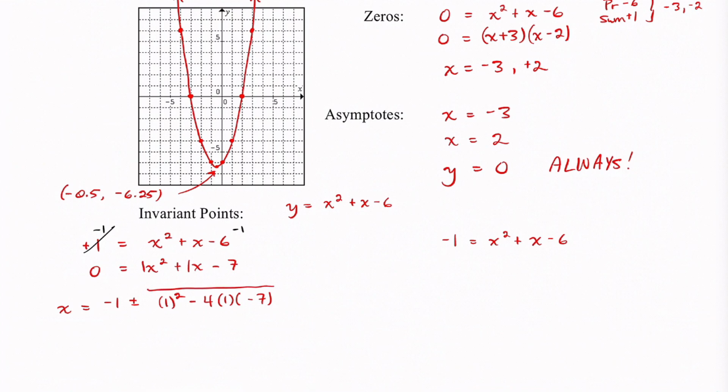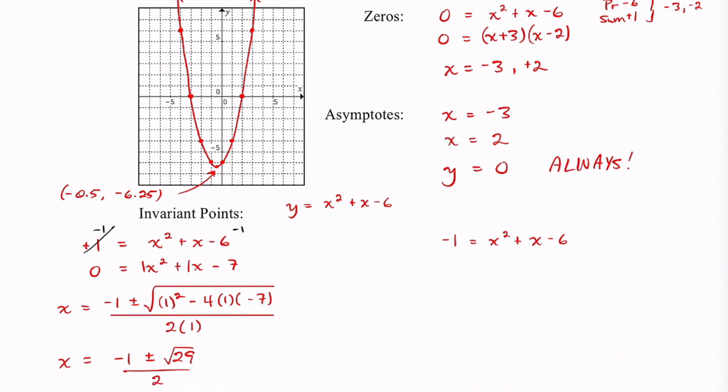And then all of that is in our square root. And then we take that and divide it by 2 times a, and a is a 1. So when we simplify inside of the square root, we're going to get 29. So this is plus or minus the square root of 29, all divided by 2 times 1, which is just a 2.